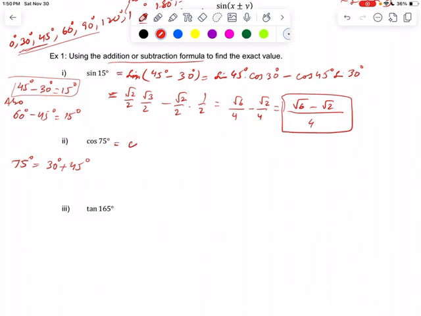So we can now say this is equal to cosine of 45 plus 30.